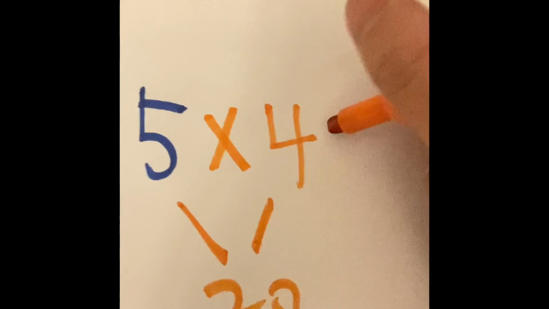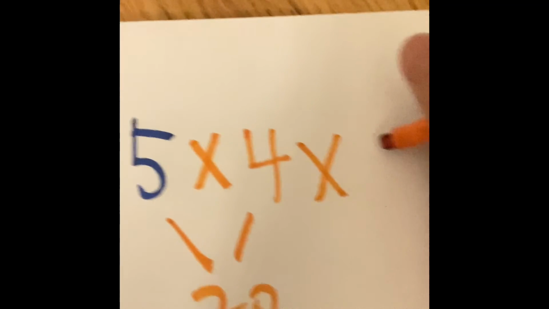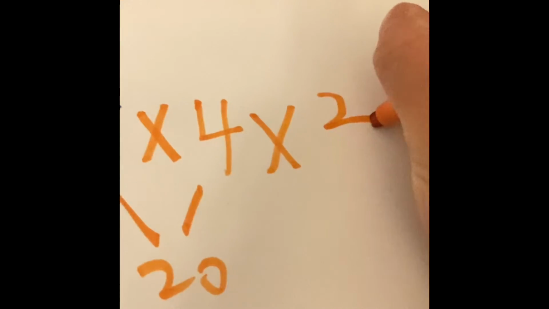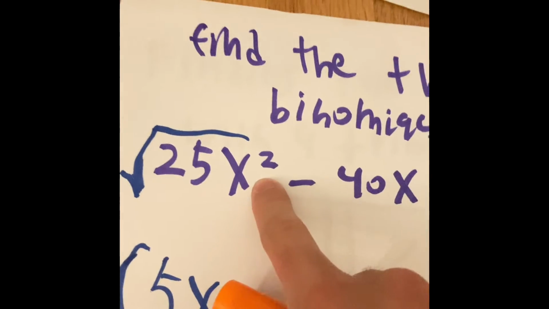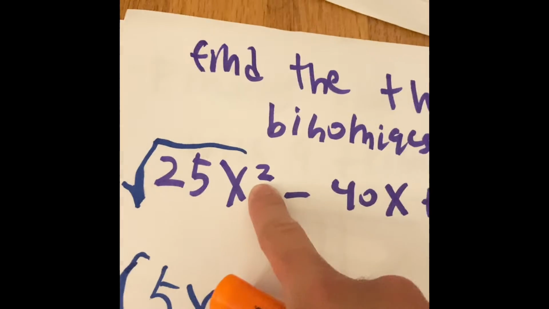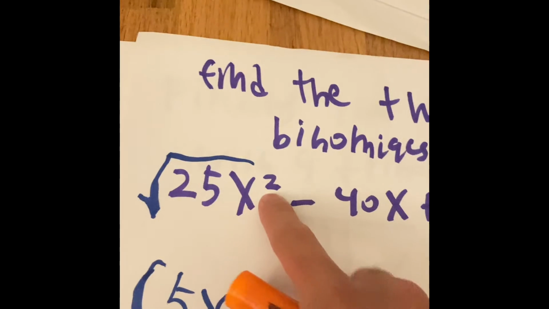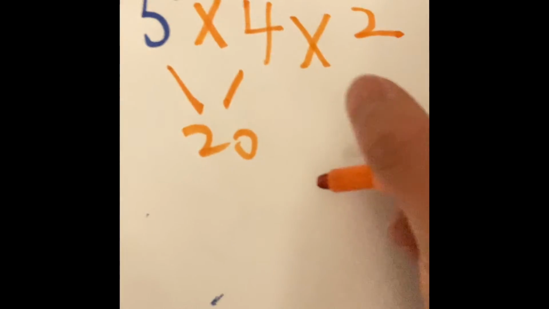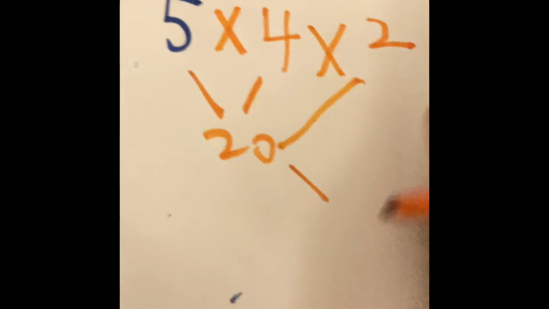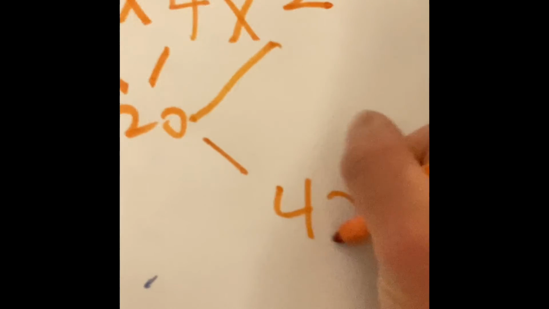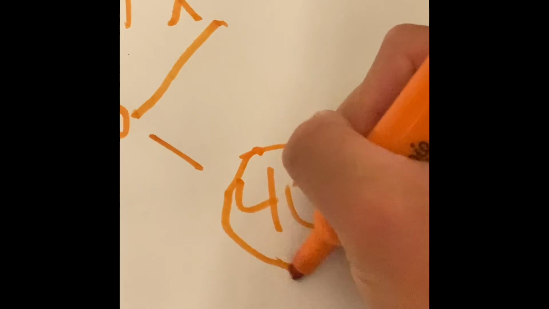But we have to multiply by one more number, a 2, because we're trying to find the twin binomials. So multiply 20 by 2, that is going to equal 40. We're going to use this as a check for later to see if we're accurate.